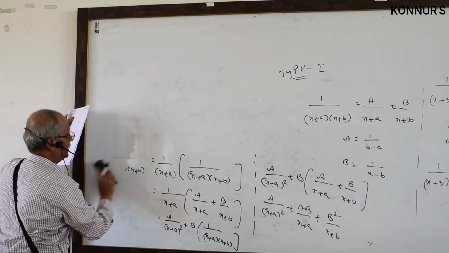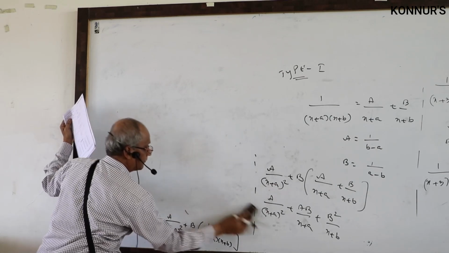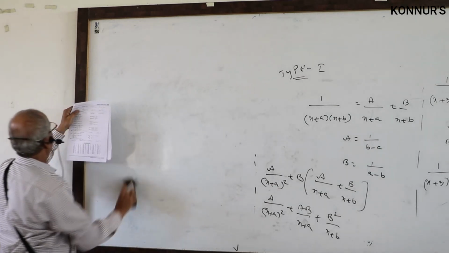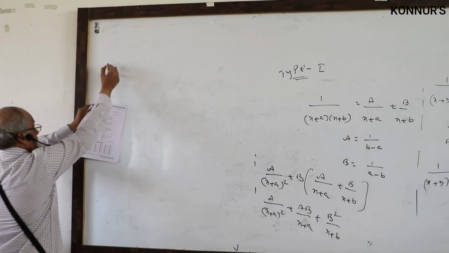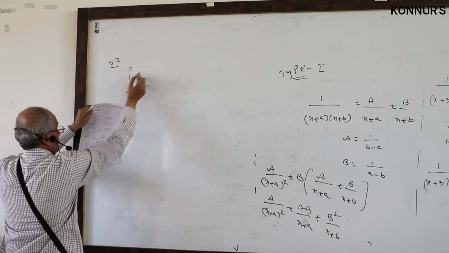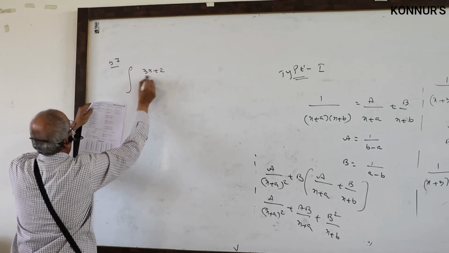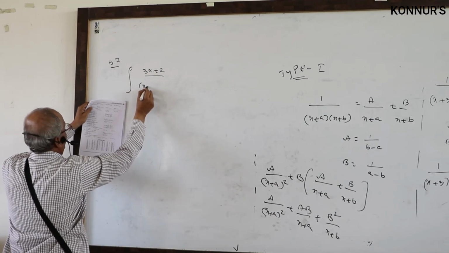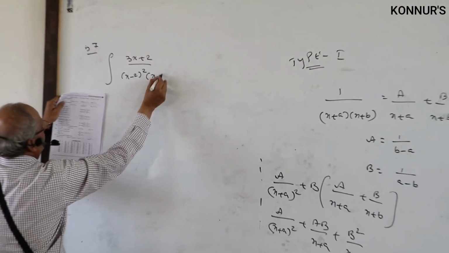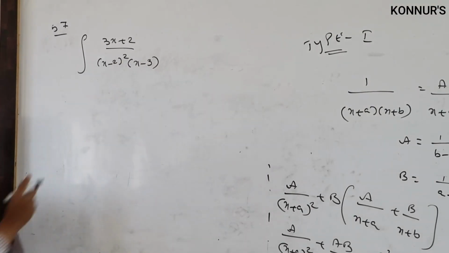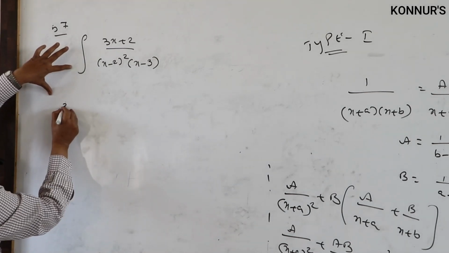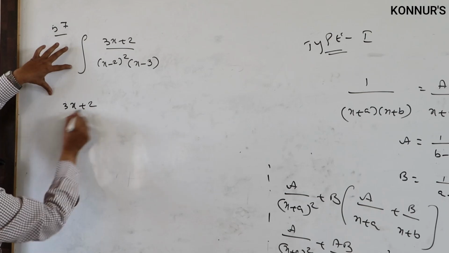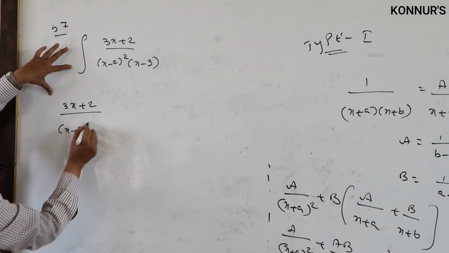Here the denominator has a repeated linear factor: (3x + 2) by (x minus 2) whole square into (x minus 3). Easy, simple linear factors are given. Just take this outside, (3x + 2) by (x minus 2) whole square.